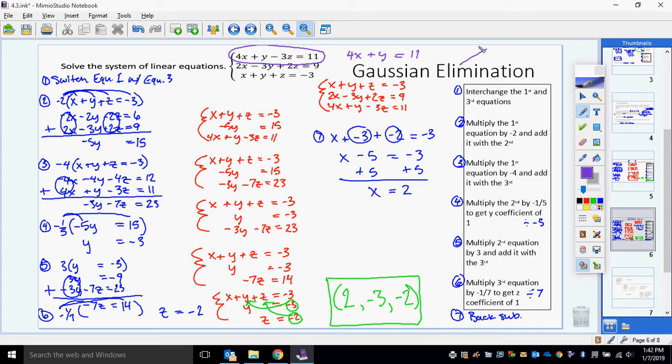You could figure out that line on a graph. And then maybe you had another equation, 2x minus 3y equals 9. That was another line. And how did we find the solution? How did we find the x and the y value, or that ordered pair? We found out where they intersected. Okay, so two equations are lines intersecting.